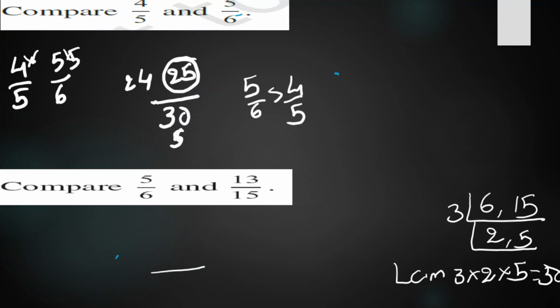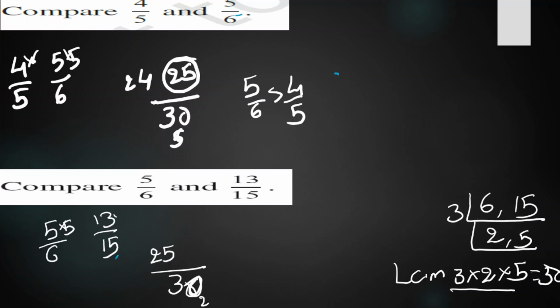So 6 and 15 have LCM 30, and this 6 will go in 30 5 times. So 5 into 5 is nothing but 25, and this 15 will go in 30 2 times. So 13 into 2 is nothing but 26. So these are like fractions. In like fractions, the greater numerator is the greater value. So 13 by 15 is greater than 5 by 6.